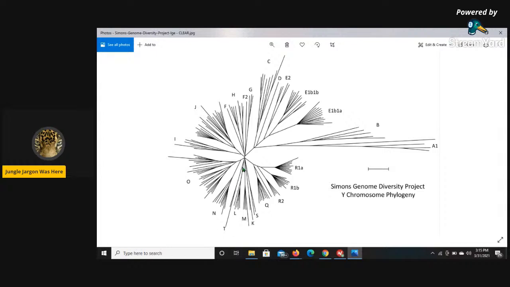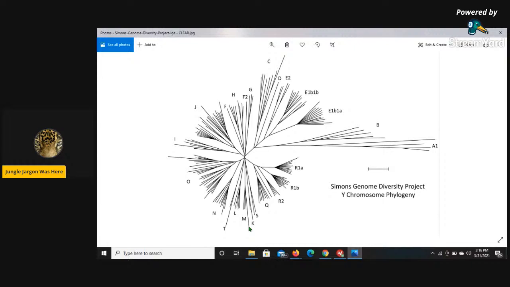We have the T and the L, which is another tree. T is an ancient line. See how long that is? The T and the L are almost the same family tree. The T and the L exist today. The O exists today.